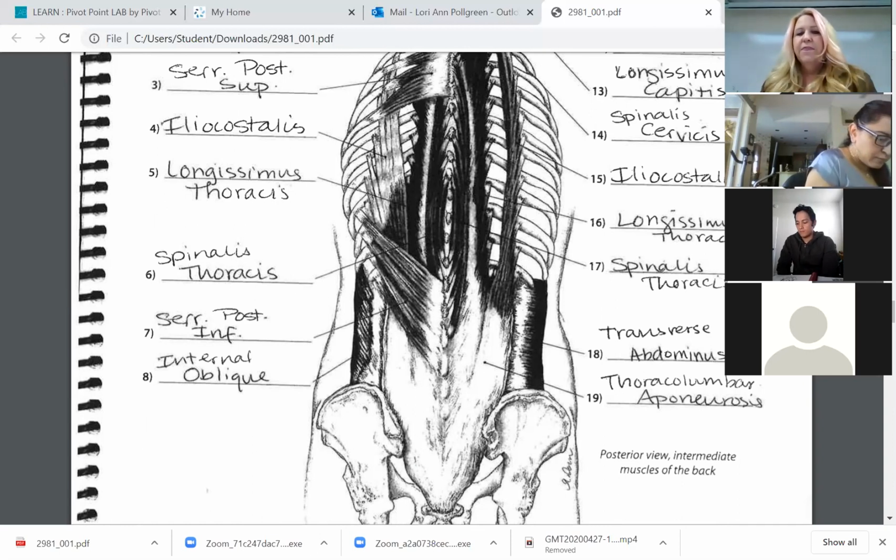And then that thin, wide tendinous sheath, right? That aponeurosis, thoracolumbar aponeurosis. Means it's in the thoracic lumbar area, and aponeurosis, we learned early on in muscular system, is a flat tendinous sheath. Give me the thumbs up if we're good to move on. Good? All right.